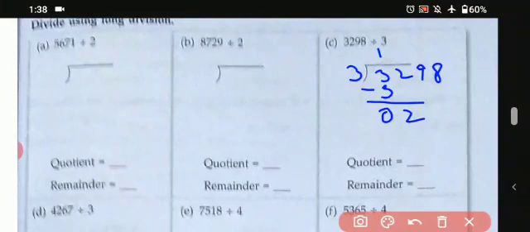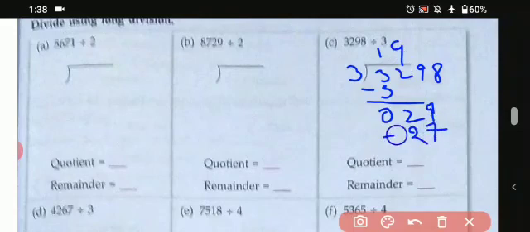So we'll be writing here 9. So does 29 come in the 3 table? No, students. But yes, the smaller multiple does come, that is 3 9s are 27. So we'll be writing here like this. So 29 minus 27, that comes 2.